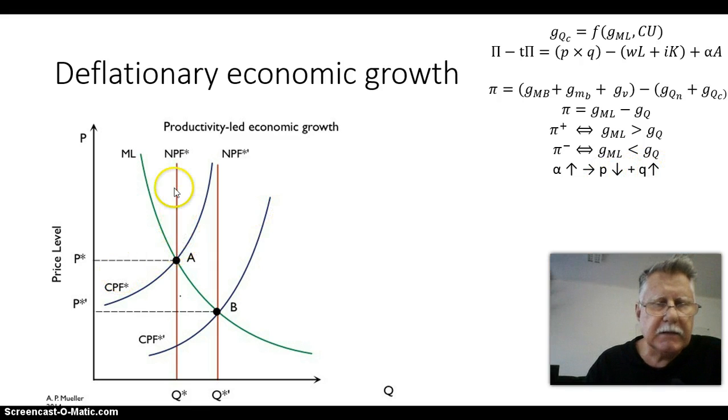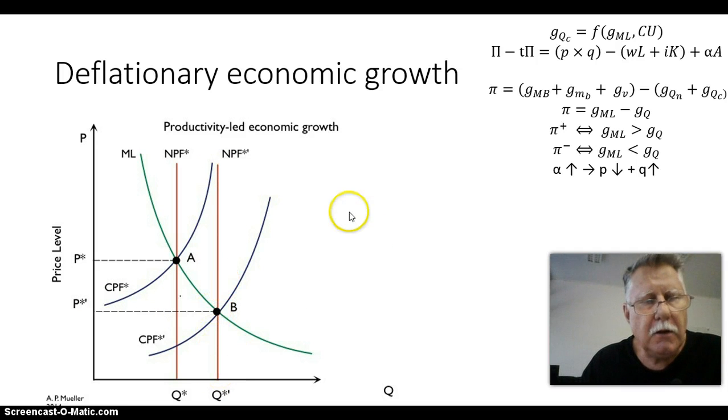Now, here it is. We have the natural production frontier. Now we have a productivity boost, and the curve of the cyclical production frontier moves to the right because costs are lower now. And the result in our model is quite clear. The price level will fall and output will rise. We will get a new natural production frontier.